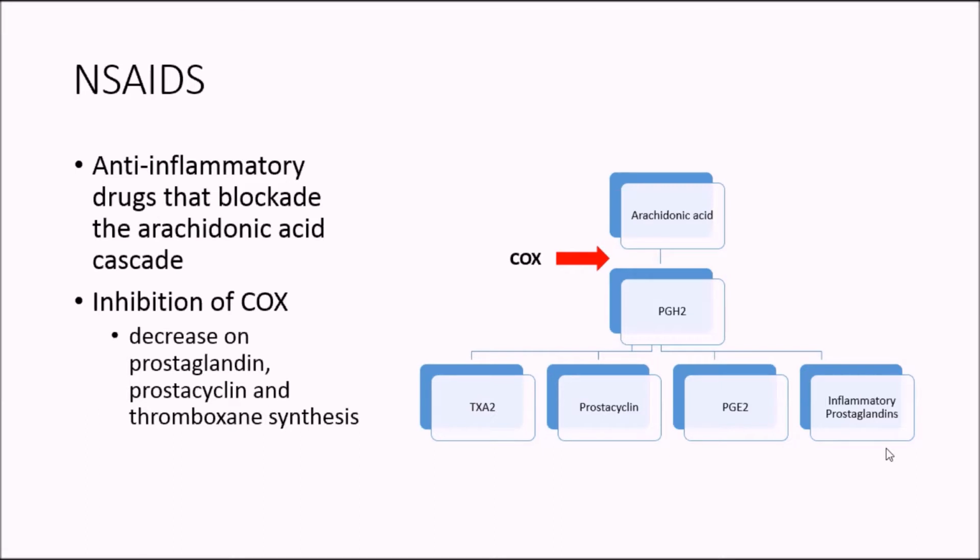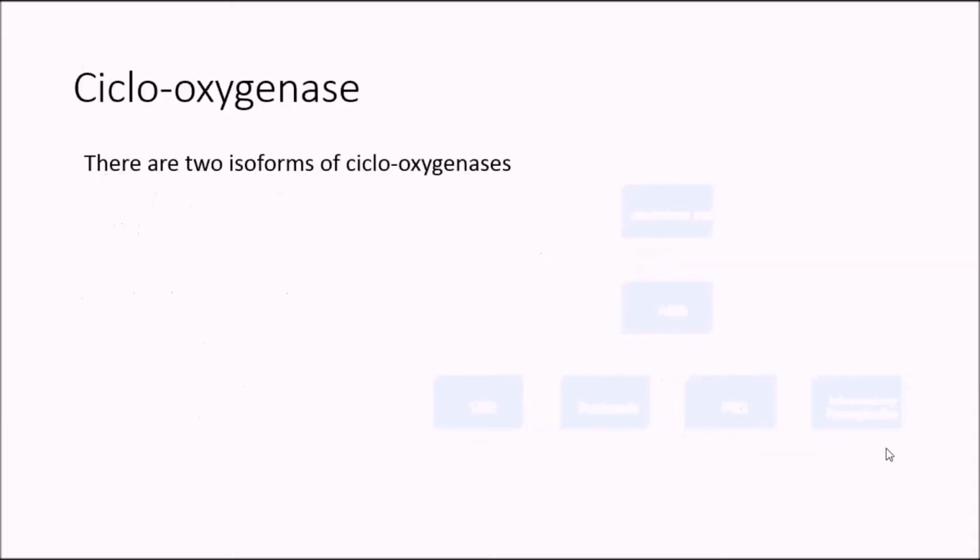Depending on which enzyme acts over PGH2, it will form four types of products: thromboxane A2, prostacyclins, prostaglandin A2, and inflammatory prostaglandin. The inhibition of COX will promote the decreasing of prostaglandin, prostacyclin, and thromboxane synthesis.